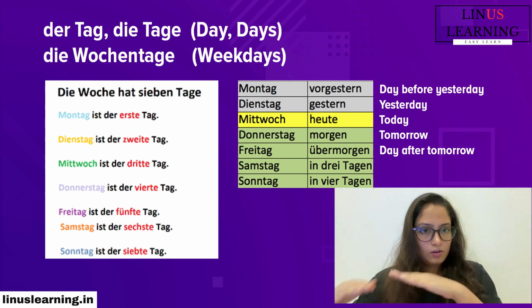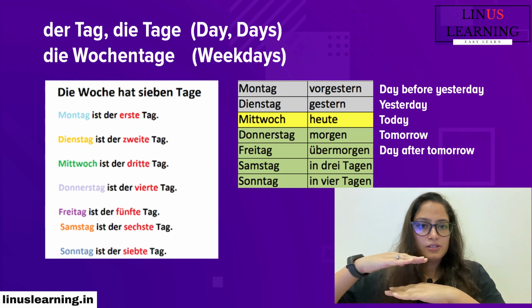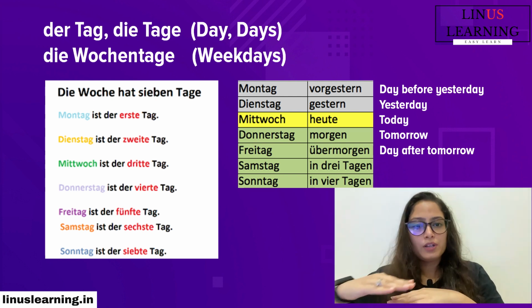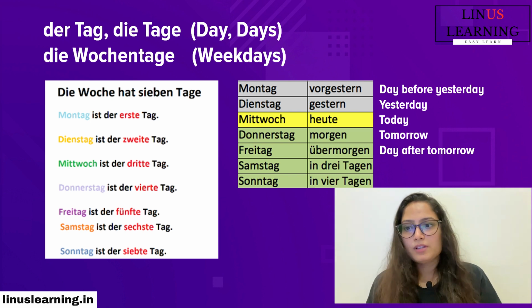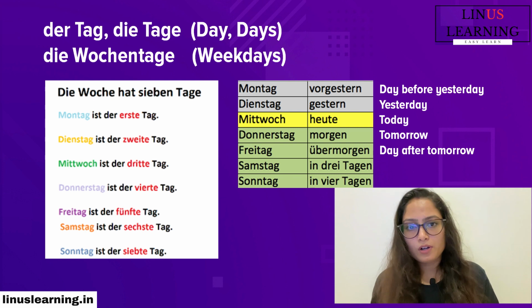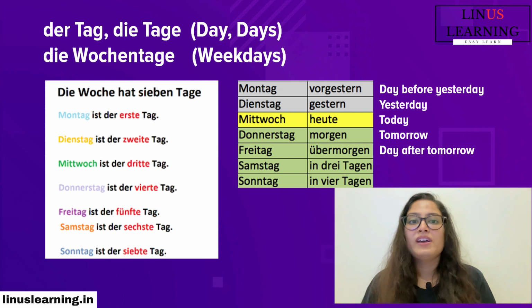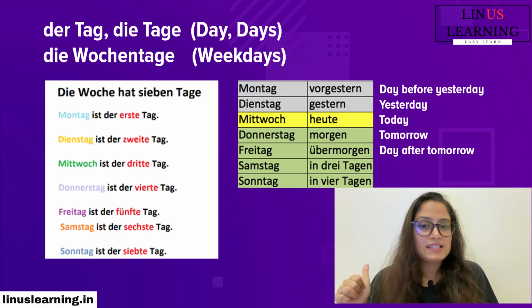Okay, so let's start from today once again. Heute, gestern, vorgestern, day before yesterday. Heute, morgen, übermorgen. If heute ist Mittwoch, if today is Wednesday, then morgen ist Donnerstag. Übermorgen ist Freitag. Day after tomorrow is Friday. Gestern war Dienstag.